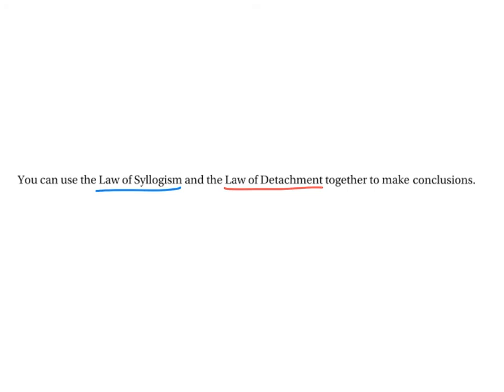So that means that if we had a combined new if-then statement here, and we were told that the hypothesis of that new if-then statement was true, we can conclude that its conclusion is also true. So we're going to combine them and let's see how that works.